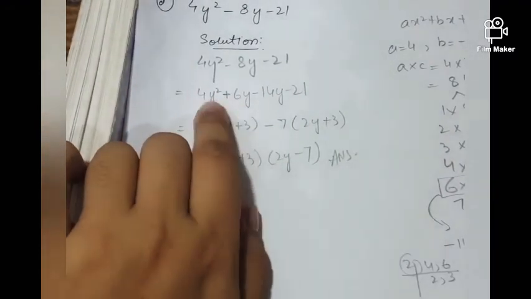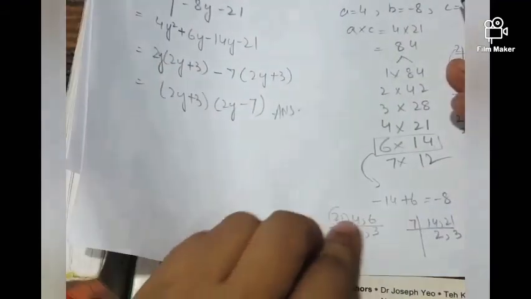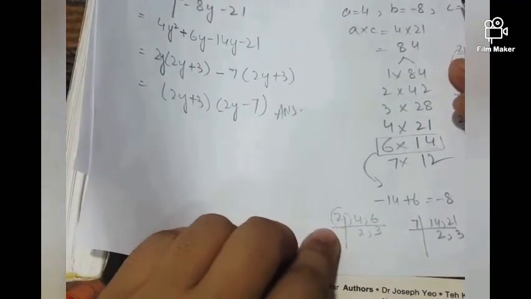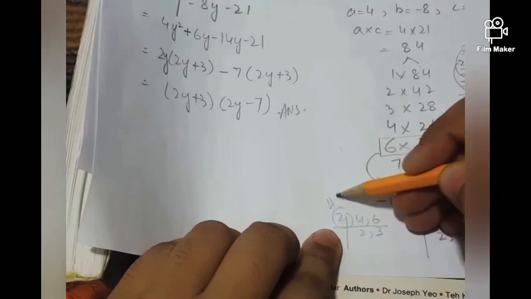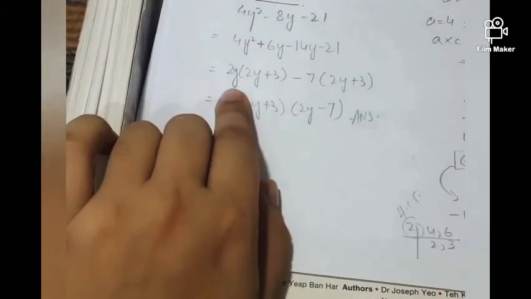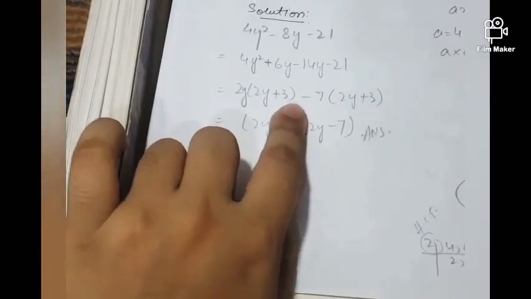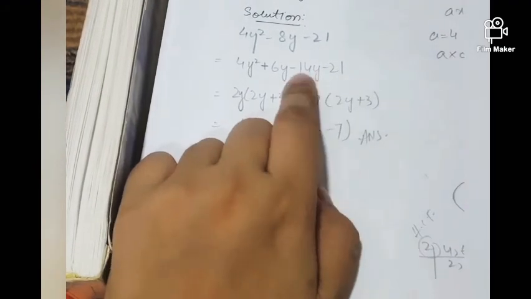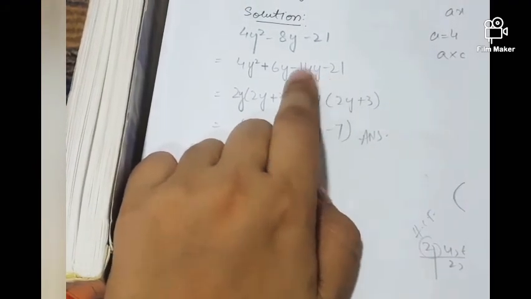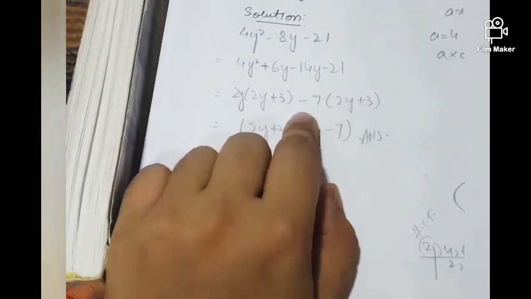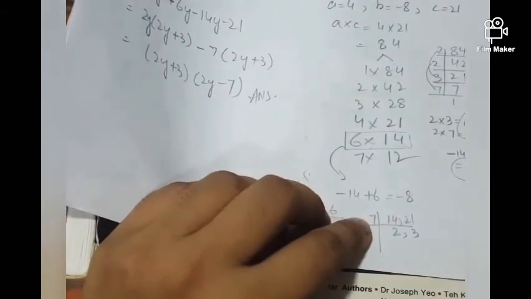Now what is the HCF of 4 and 6? 2 2s are 4, 2 3s are 6, HCF is 2. So 2 is common, y is here, 2y plus 3. The minus sign is common, as both the last terms are with the minus sign. Then 14 and 21, what is the HCF? Definitely 7.